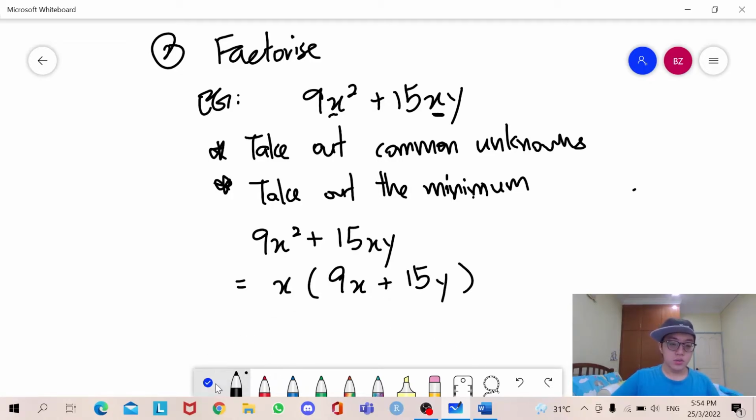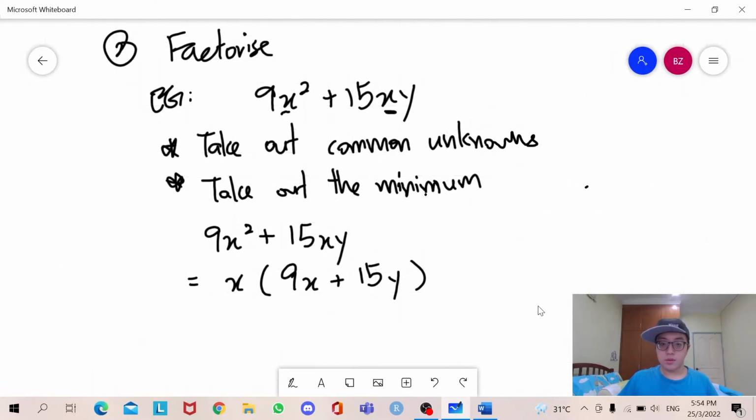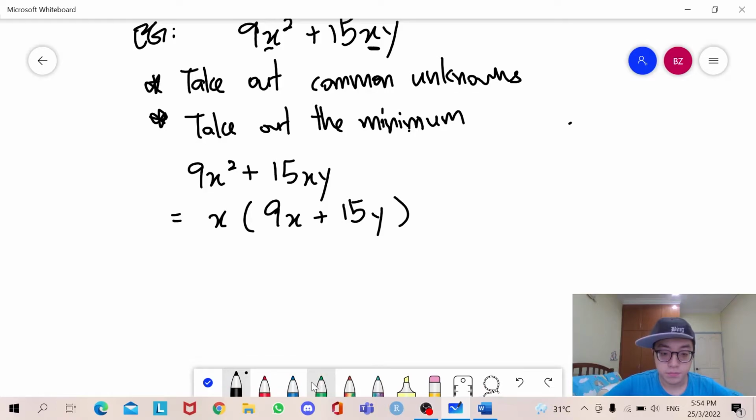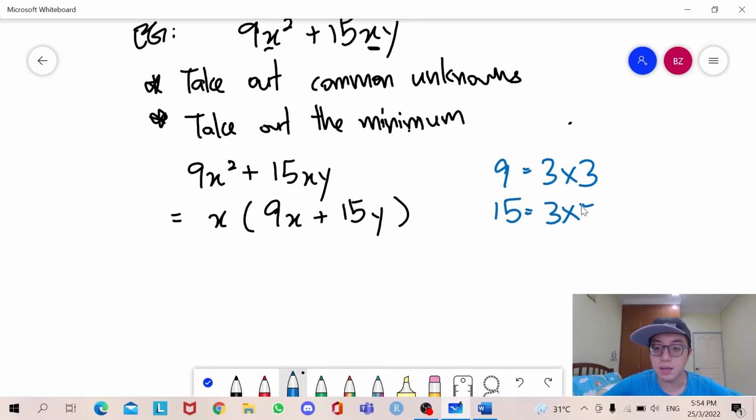So is it done? It's not, because both 9 and 15 have a common factor of 3. 9 is equal to 3 times 3 and 15 is equal to 3 times 5. So 3 is the common factor inside 9 and 15.